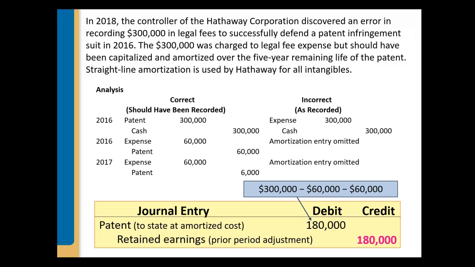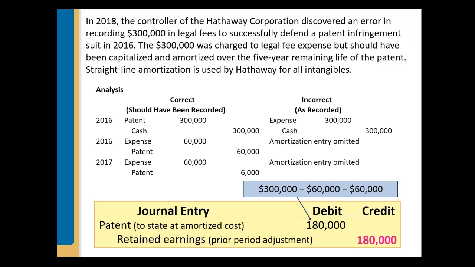Of course, this is ignoring income taxes. This means that our retained earnings is currently understated by that amount. Patent is understated by $180,000.